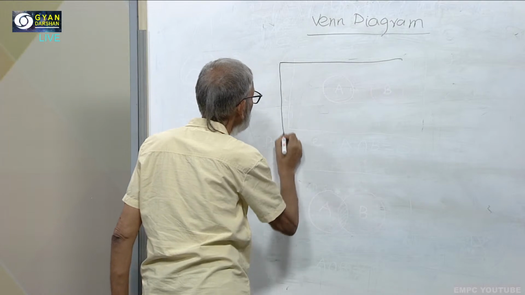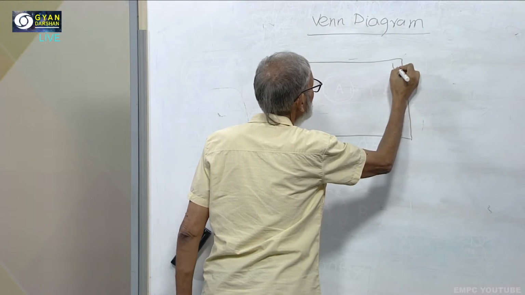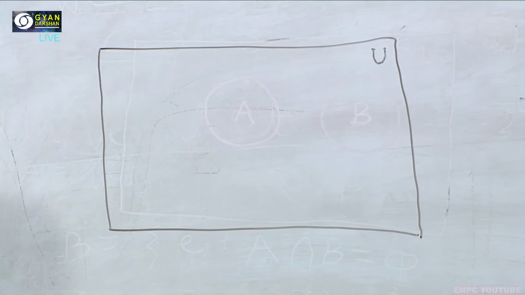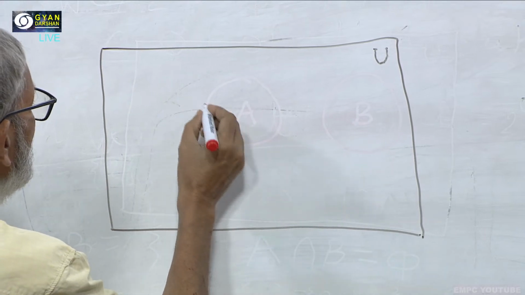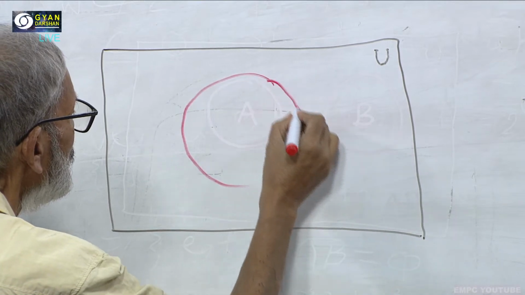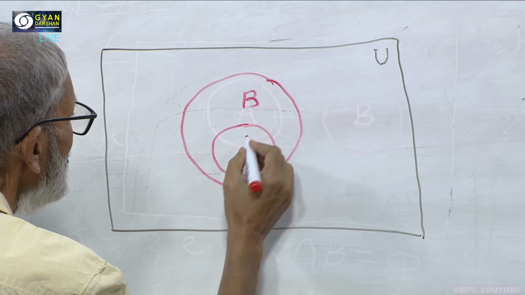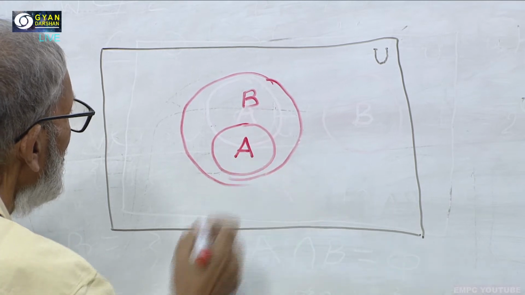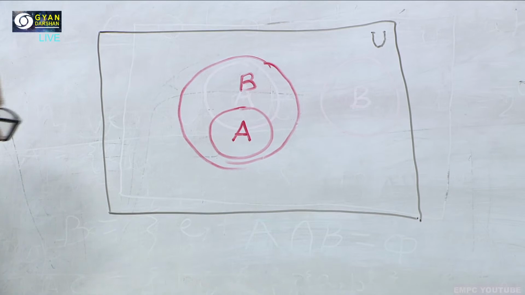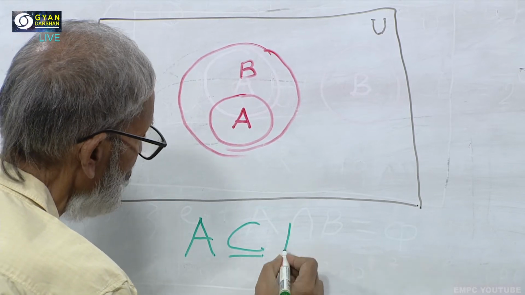So, let us say this is universal set and then this is B, another set within this is A. So, A is a subset of B. Here A is a proper subset of B.